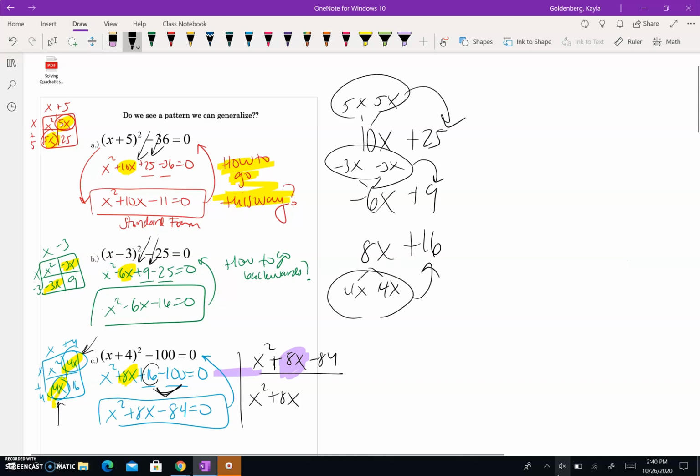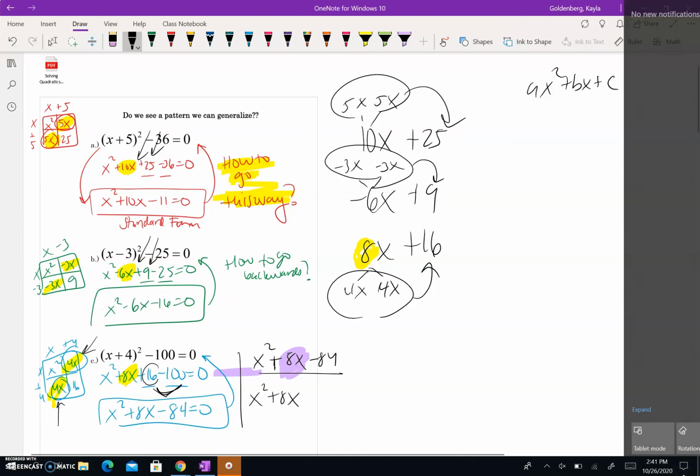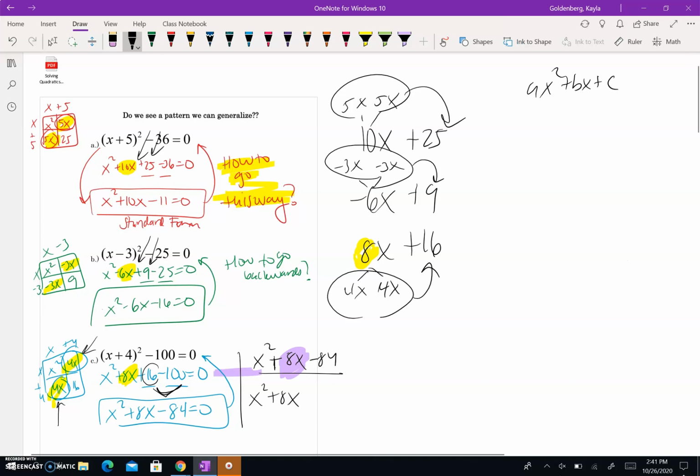So what you're probably noticing is that the pattern could be summed up that you take the coefficient of your x, right? That's if we think about ax squared plus bx plus c. It's kind of like taking that b number and cutting it in half, right? And then we take that number, we cut it in half, and then we square it.